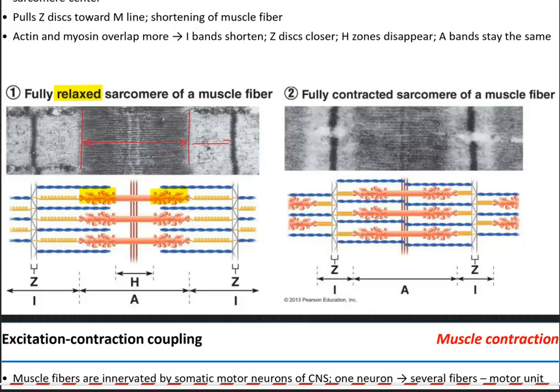I think it's not a great idea in terms of the color, so let's see if I can do better. Not really. So this is your A band, and that width here, that's half of the I band.